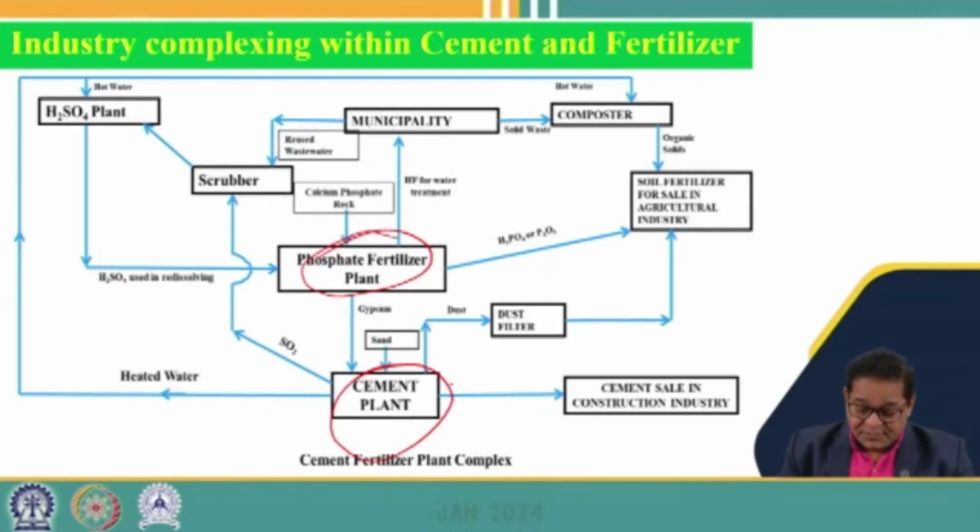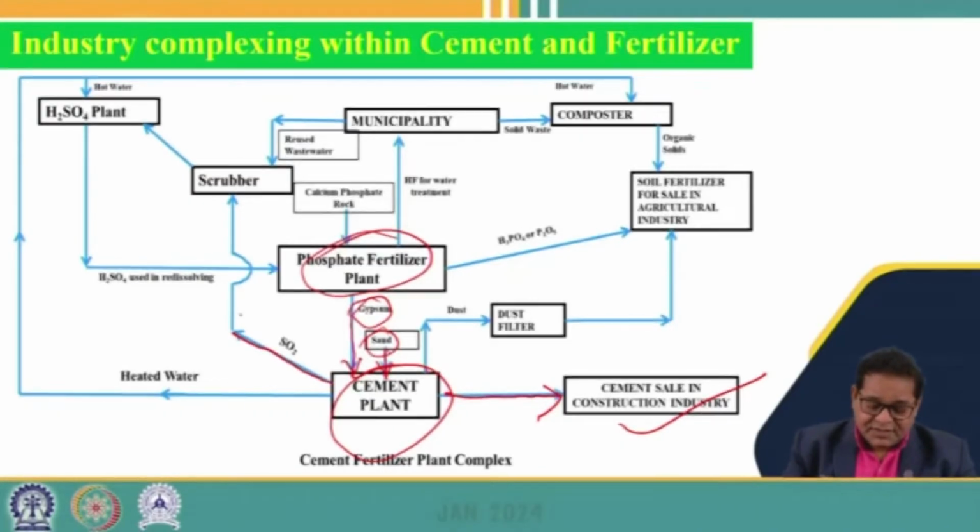From the cement plant, the raw materials required are gypsum and sand, which are used to produce the cement, and the cement produced is sold in the market to the construction industries. In the process, a lot of air pollution is generated, like sulfur dioxide, and dust.